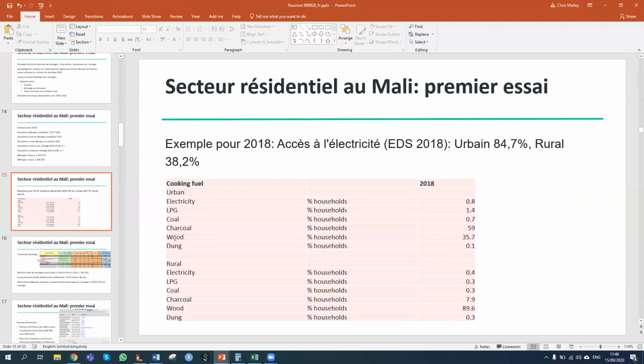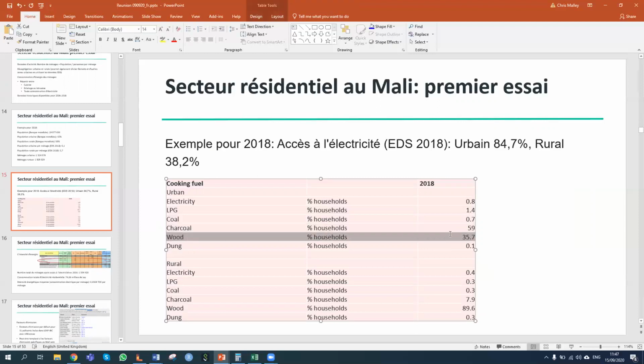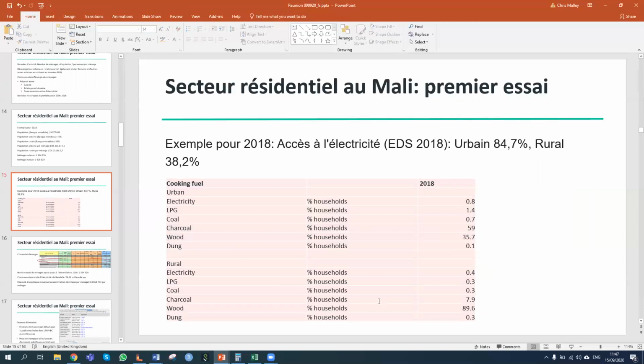So the majority of households use wood or charcoal for cooking, both in urban areas and rural areas. In rural areas, 90% of people use wood. In urban areas, 59% use charcoal and 35% wood. So we have the number of households using these fuels for these activities.